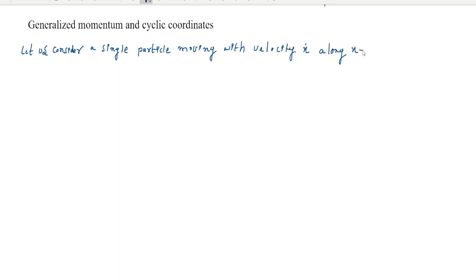Let us consider a single particle moving with velocity x dot along the x-axis.